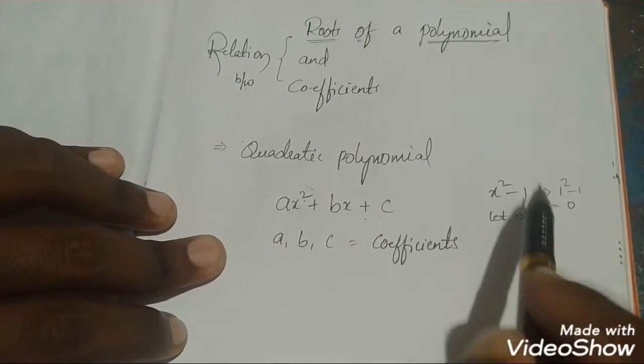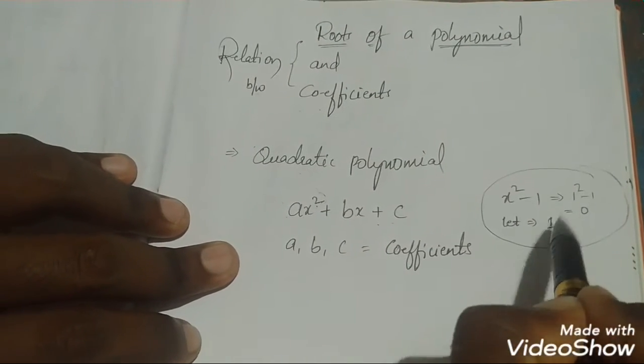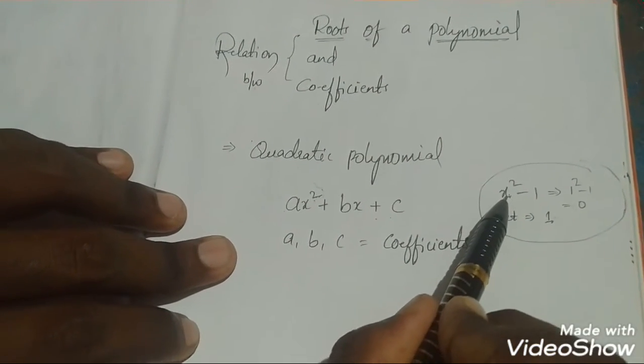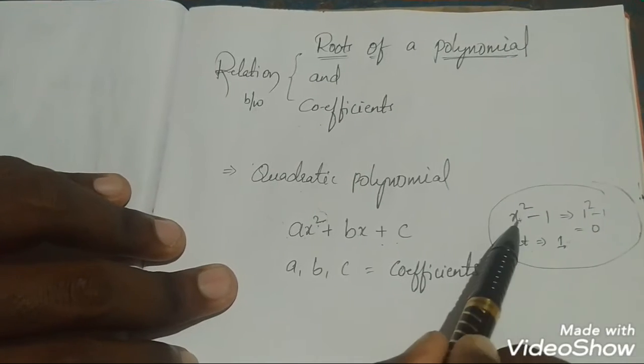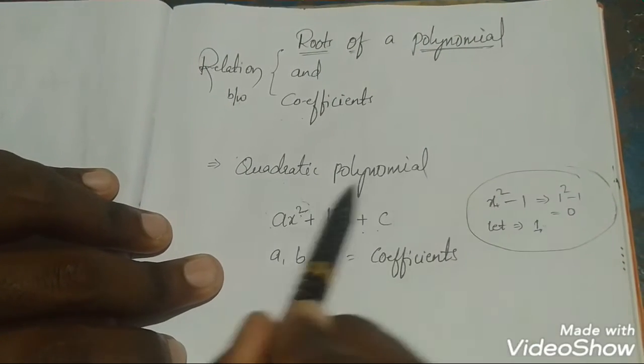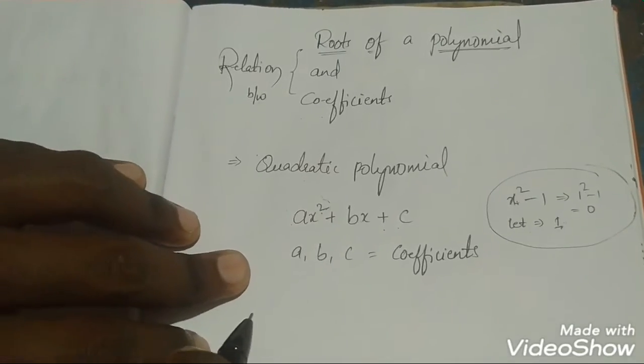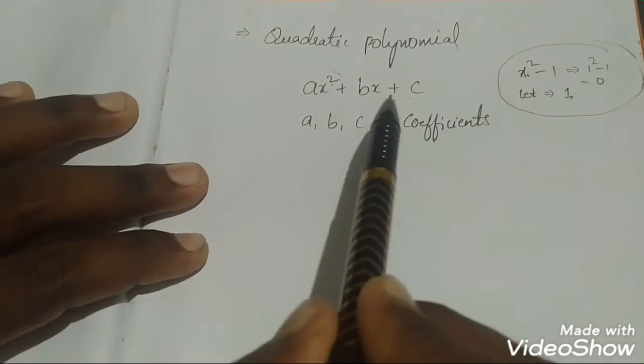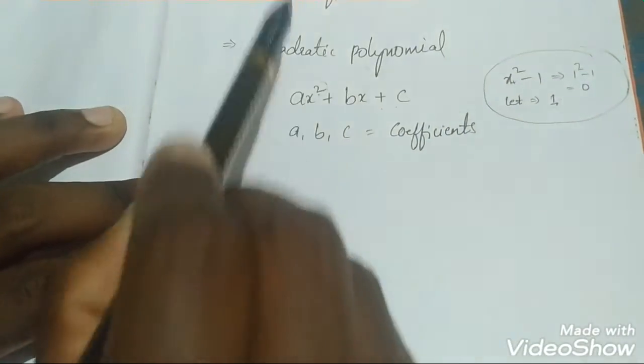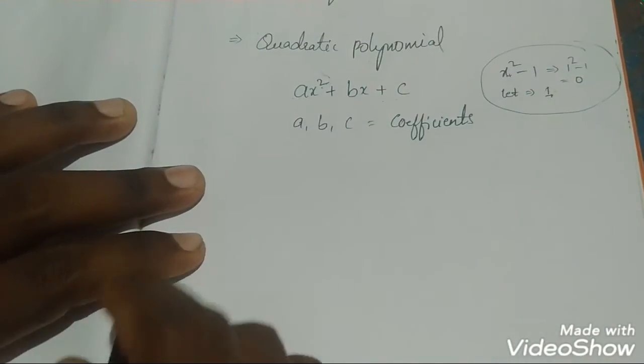We got 0 here, so 1 is a root of the polynomial. Now you have an idea about roots. So the main task is to find the relationship between roots and coefficients.